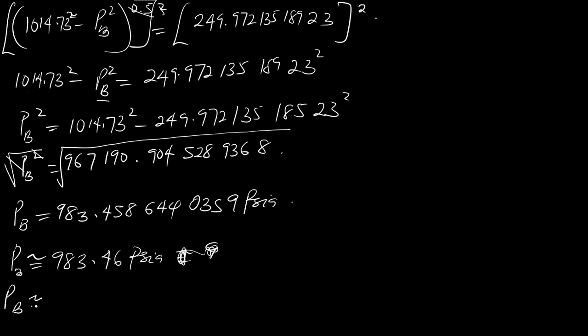Pressure at B will now be approximately 968.73 psig. So that's the pressure at B. That is at the beginning of the loop system.